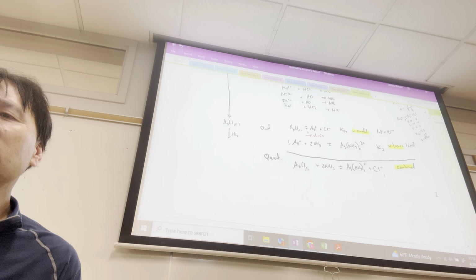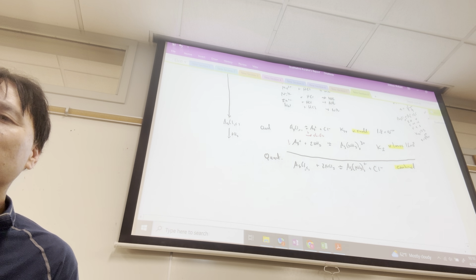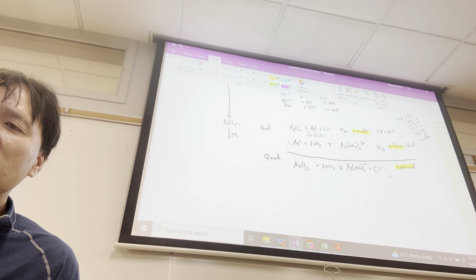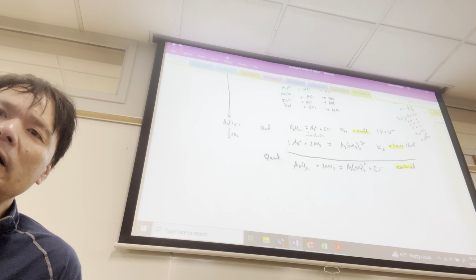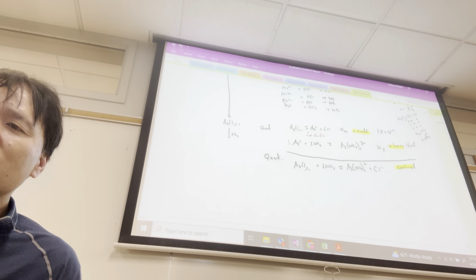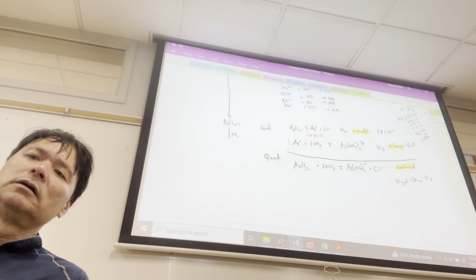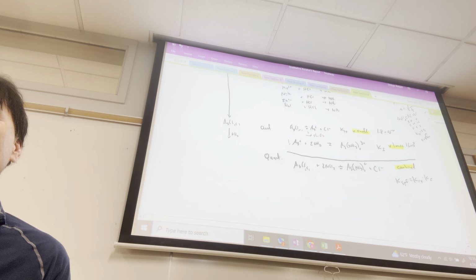If the combined method works, then we convert this multiple equilibria into a single equilibrium. The single equilibrium is going to have a combined K, which we'll call KSPF. KSPF is just going to equal KSP times KF. And then we just have a single ICE table.